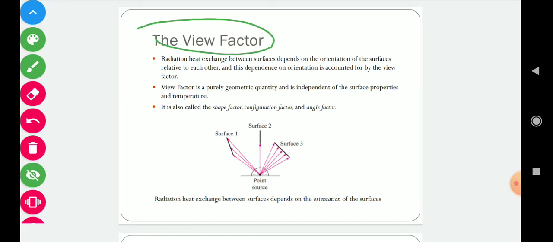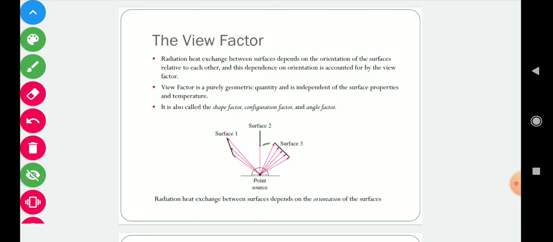So as you can see, if this is a point source, these surfaces are inclined in different orientations. As the orientation changes, the amount of energy received by this object will also change.